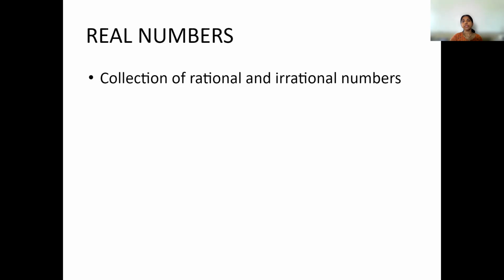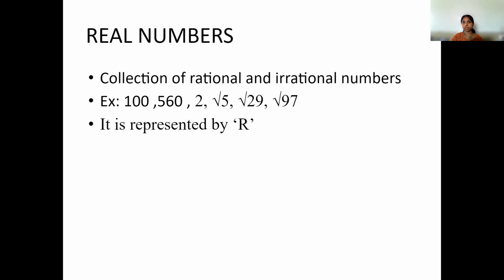The collection of rational and irrational numbers together forms the real numbers. So the real number group is bigger when you compare it to the rational number group, because in real numbers, along with the rational numbers, we have irrational numbers, something extra. It's represented by the letter R.